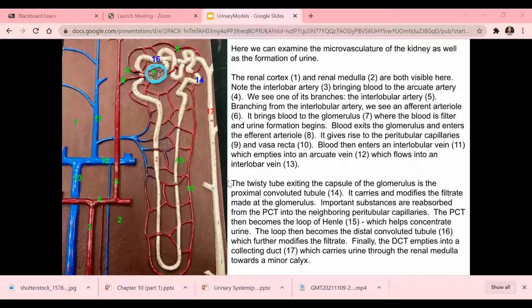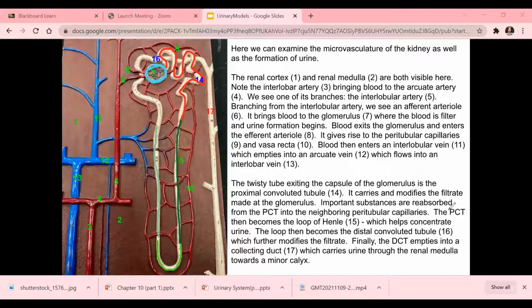After the Bowman's capsule, you can see the proximal convoluted tubule. After the proximal convoluted tubule, you have the descending limb. Then you can see the loop of Henle, and after that, we have the ascending limb.